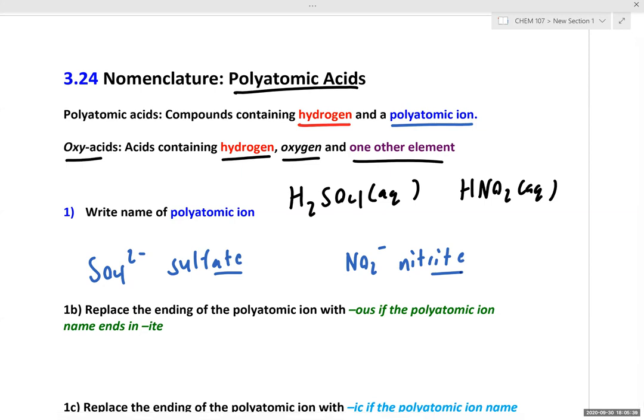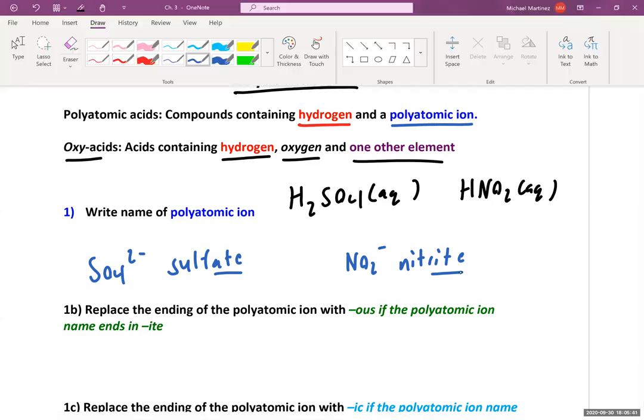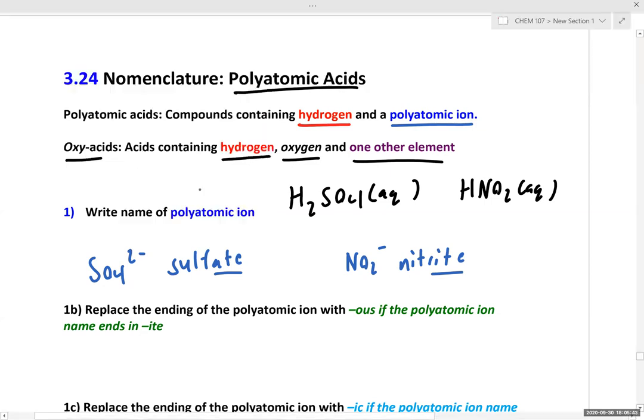Okay, so next we change the ending of our polyatomic ion to OUS if the polyatomic ion name ends in ITE. So for NO2-, we change nitrite to nitrous.